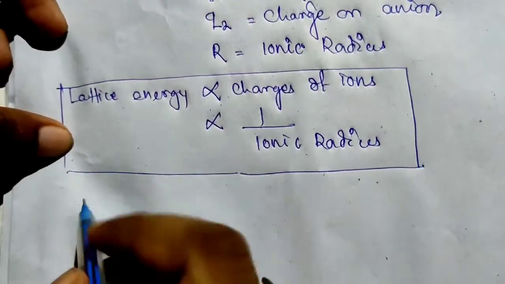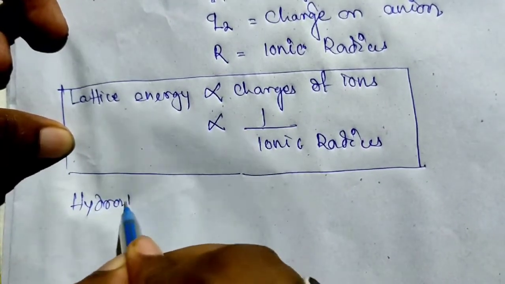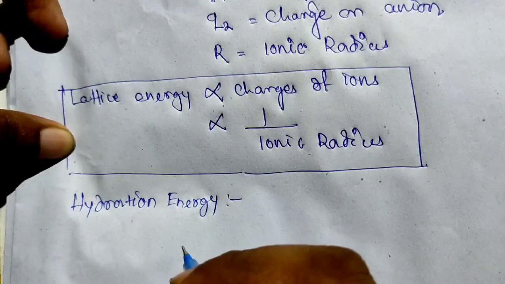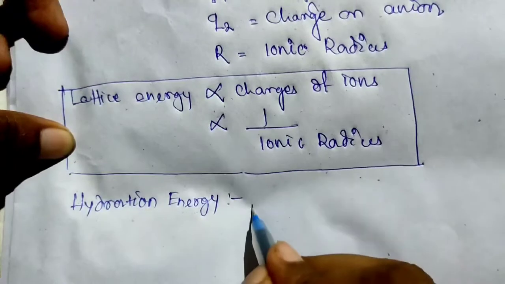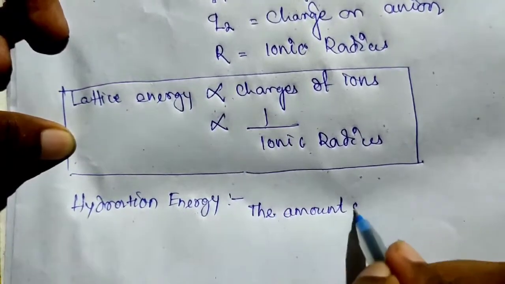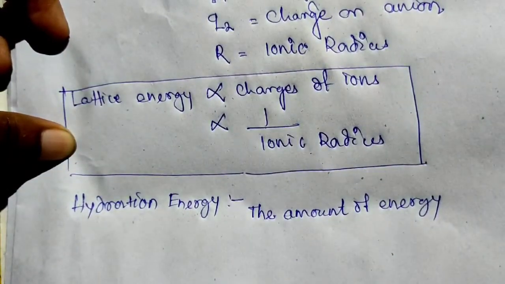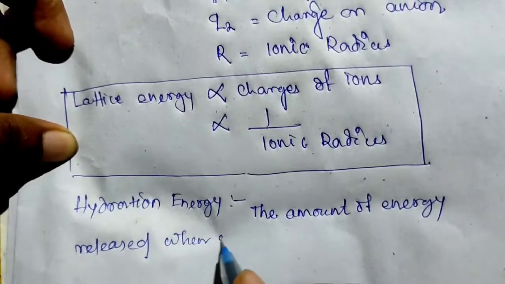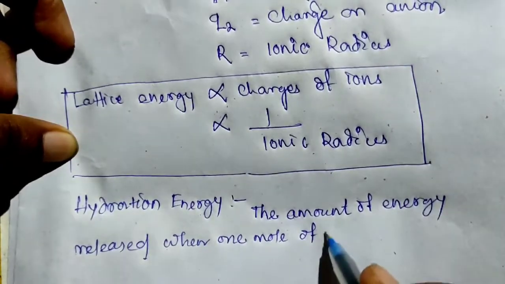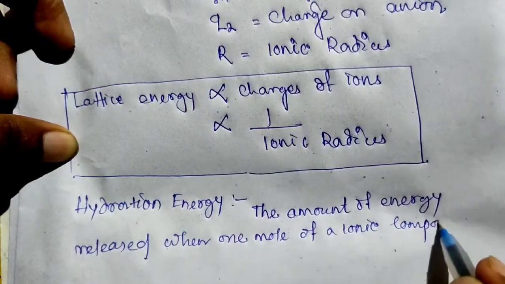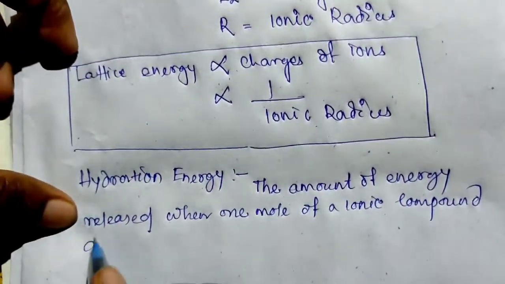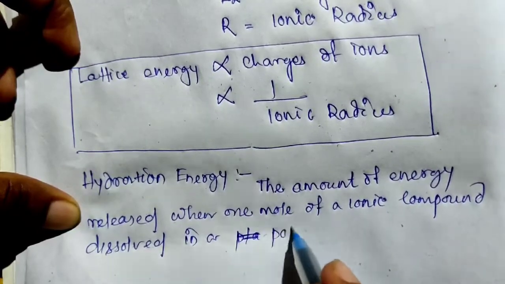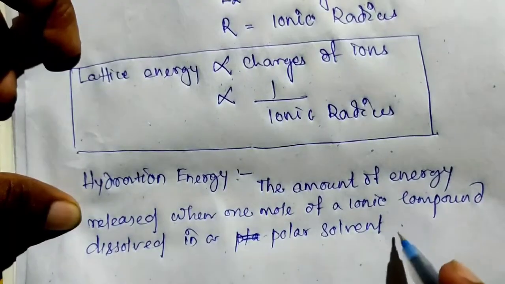Okay, now comes hydration energy. Hydration energy may be defined as the amount of energy released when 1 mole of an ionic compound is dissolved in a polar solvent or water.